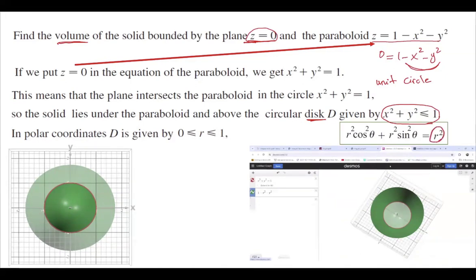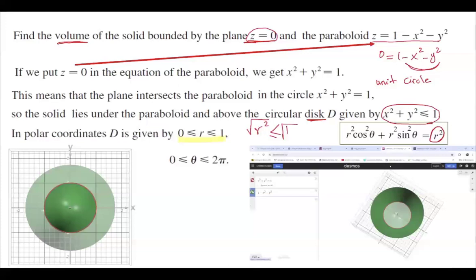So it says your r squared is less than or equal to 1. Basically, if you take the square root, you get r less than or equal to 1. But please note that your r is between 0 and 1. We're not worried too much because r has constant boundaries.